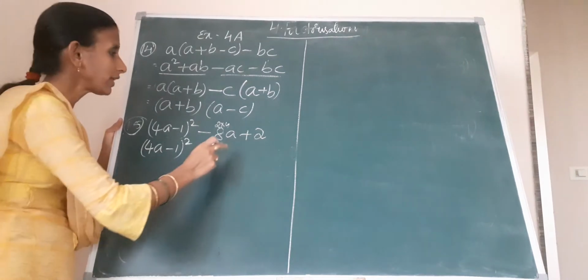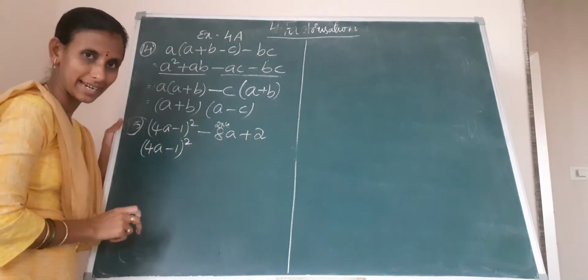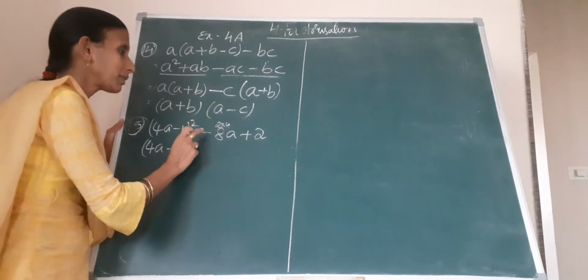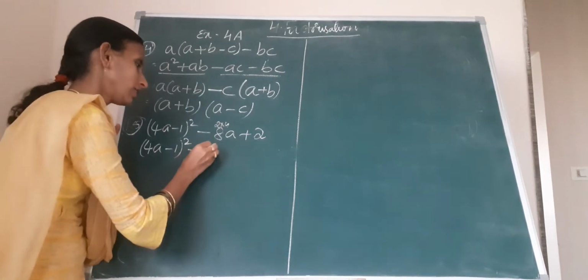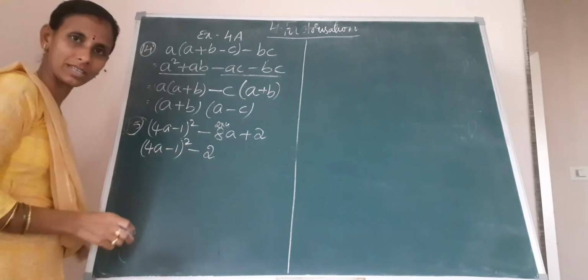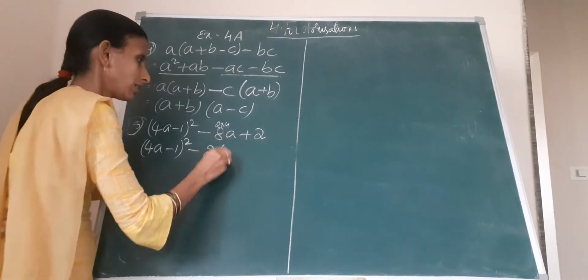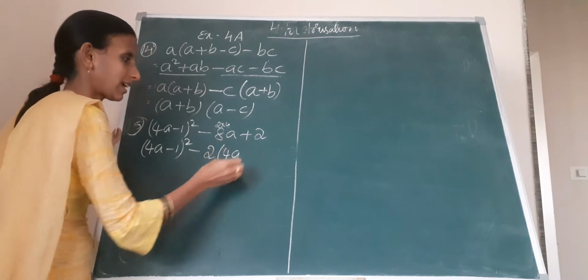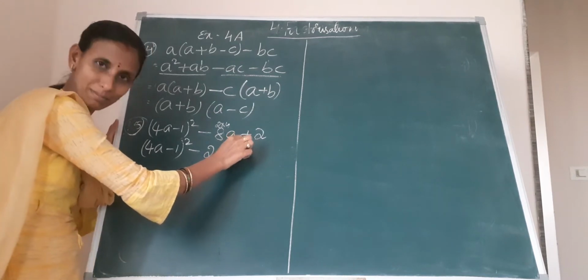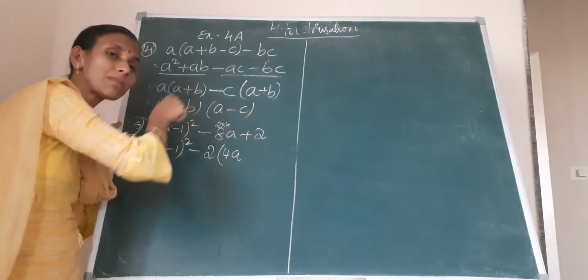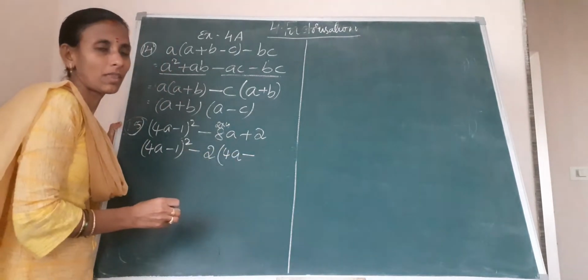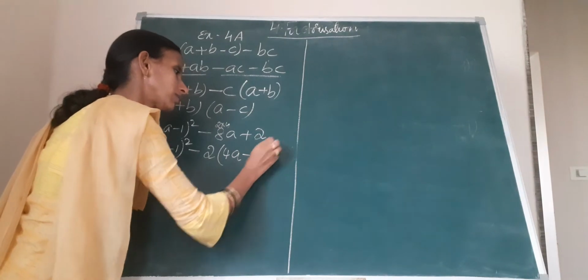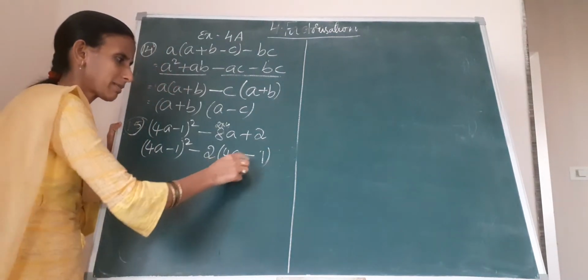So if we take 2 as a common outside, along with that we will take minus also as a common. Minus 2 I am taking as a common here. So what do we get? 4a. And here obviously we have plus, but we have taken minus outside as a common. So what do we get? Minus. Okay. So 1. 4a minus 1.